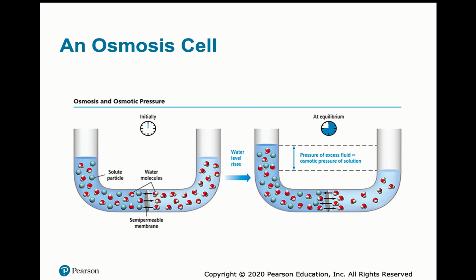Then there's a height difference, and eventually this reaches an equilibrium, and you can measure the height difference. This is known as a U-tube apparatus, and you can see it's in the shape of a U. You can determine the pressure by the height of the water. So 10 meters of water, for instance, is equal to an atmosphere, or, sorry, 760 millimeters of mercury.